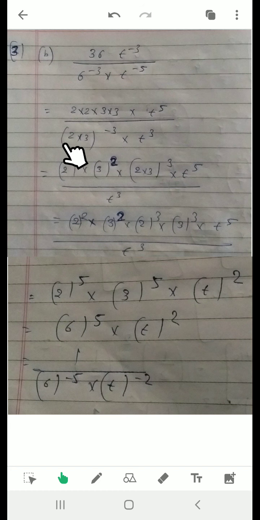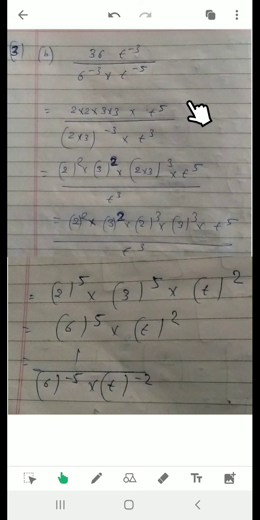This 6 can be written as 2 multiply 3, minus 3 will remain as it is. Now I will convert all the negatives into the positive. Then this t power minus 5 will go up, then it will be positive. Minus t power minus 3 can come down, then it will be positive. This 2 multiply 3 power minus 3 will go up and it will be also positive.